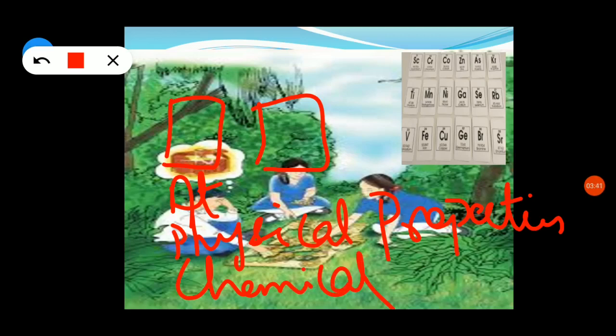Suppose A is one element, he wrote the name of that element and the physical and chemical properties of that element. Likewise, he took one more card and wrote the name of the element, physical properties, chemical properties. He did this for all the 63 elements and arranged them on the wall.